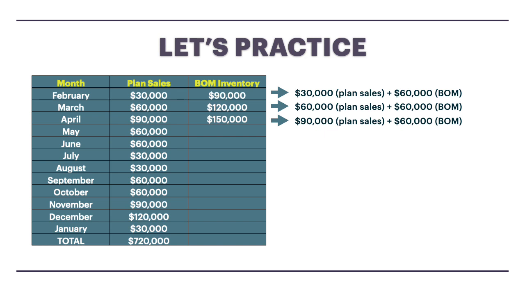When you add those two together, you get a BOM inventory amount of $90,000. We're going to do the same for March, but we're swapping out our planned sales of $30,000 for $60,000 to give us a total of $120,000. And the same for April, except we're taking planned sales of $90,000 and adding $60,000 to get $150,000. Now go ahead and practice on your own by computing the remaining 9 months.